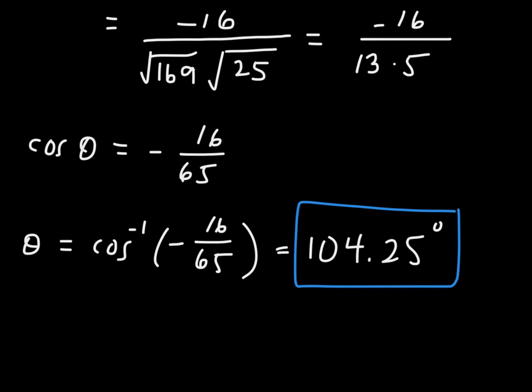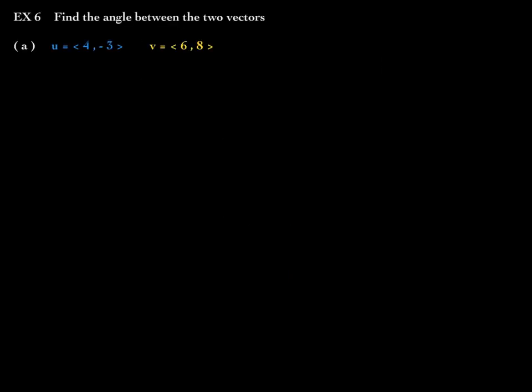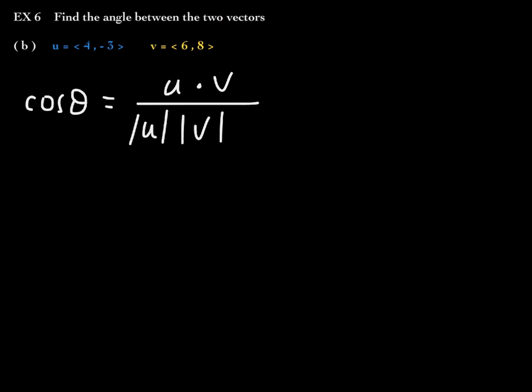Let's do this again. Here's the next one. Actually, this is the last example. We have two brand new vectors, u and v, and we want to find the angle between them. All right, so we know that cosine of theta, which we're calling the angle between the two vectors, will be equal to u dot v divided by the product of the magnitudes of those two vectors.